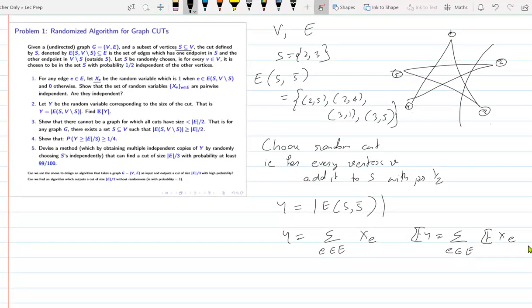So suppose you have an edge like this. When is the edge belonging to the cut? Let's say you have vertices a comma b. If both of them are selected in the set S, does this edge belong to the cut?